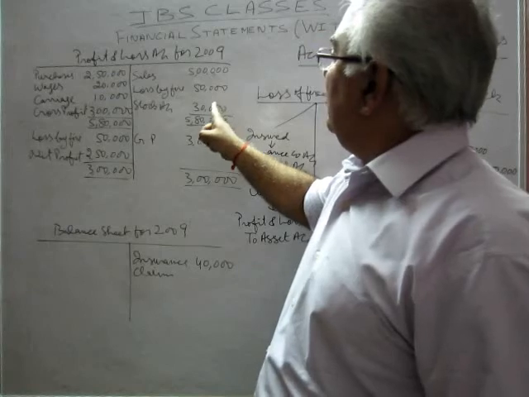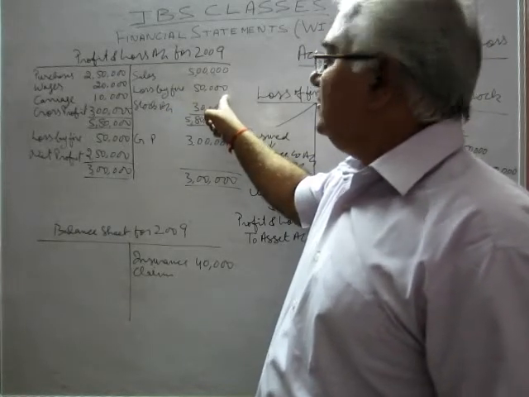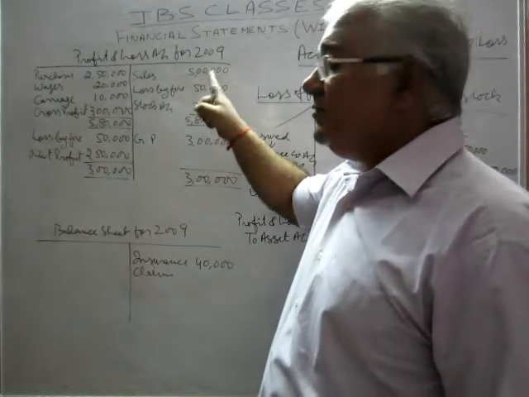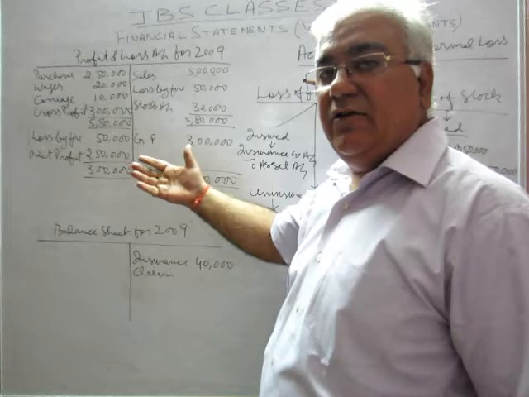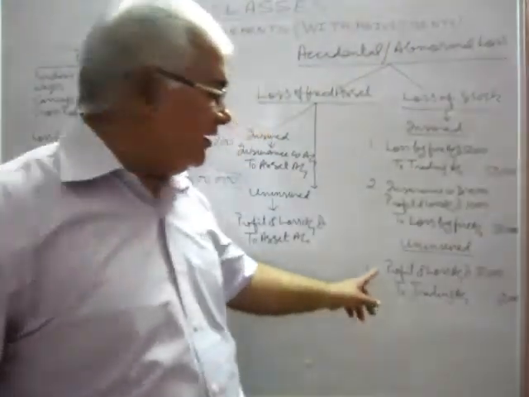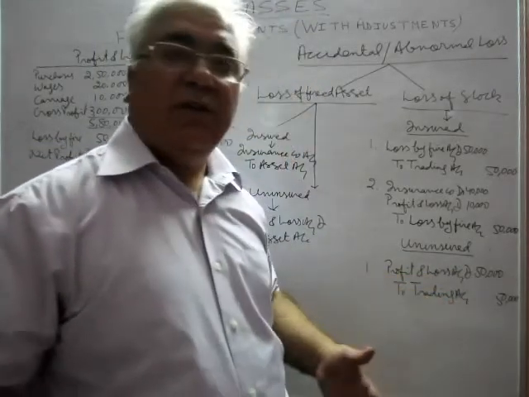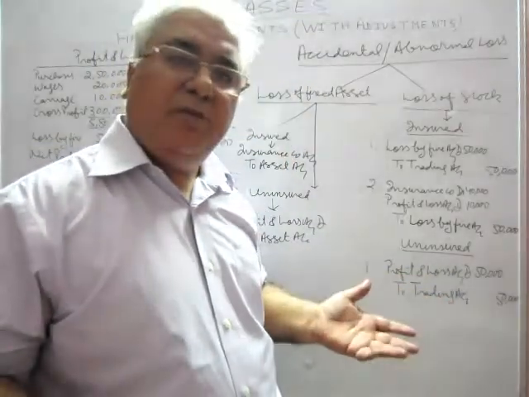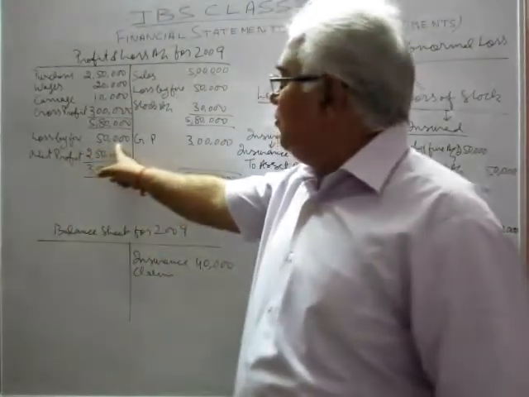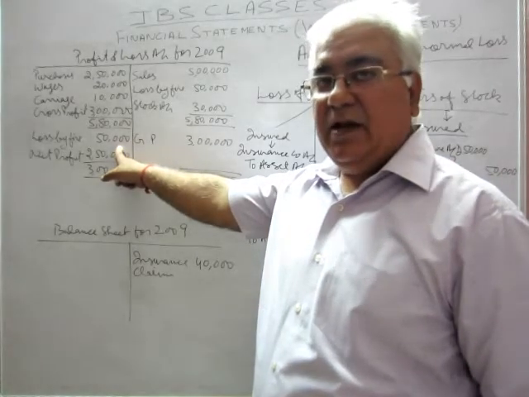You see, loss by fire 50,000, okay, and out of this, if the whole loss is ours, for example if it was uninsured, then we would have passed this entry, profit and loss account debited to trading account, because insurance company has not to bear it. So in this case the whole amount of loss would be debited to P&L account.